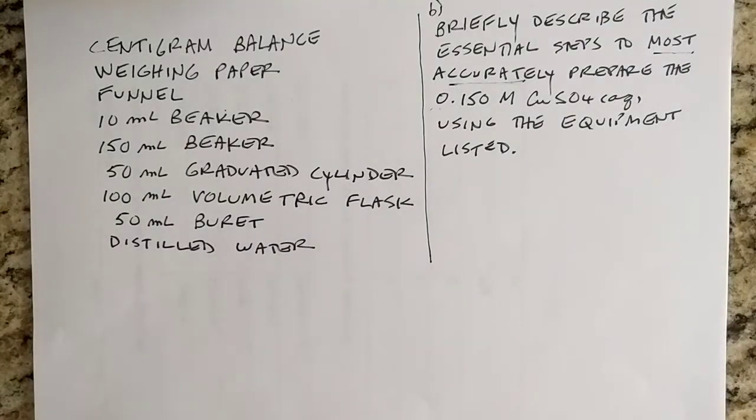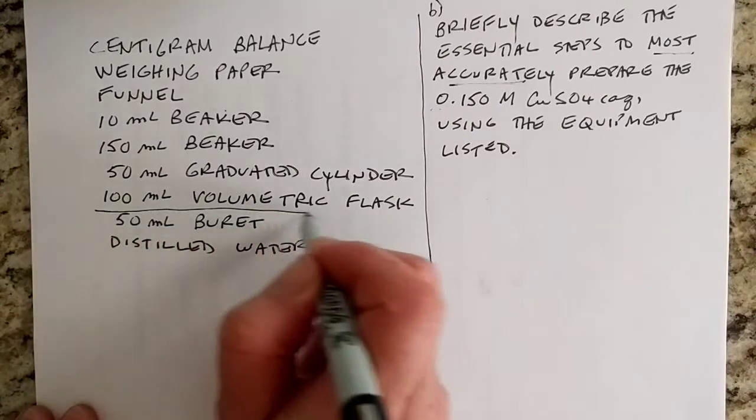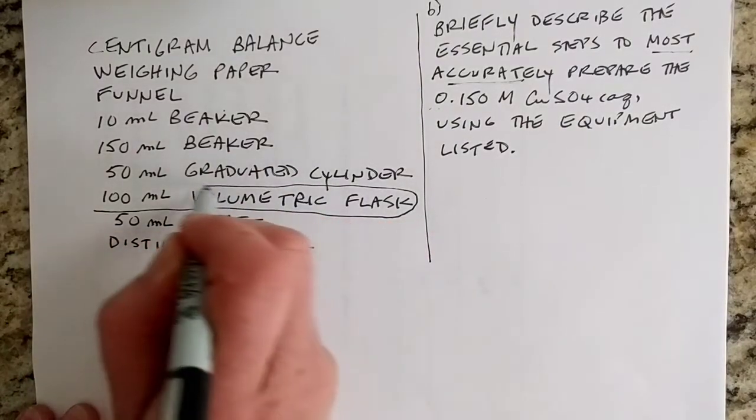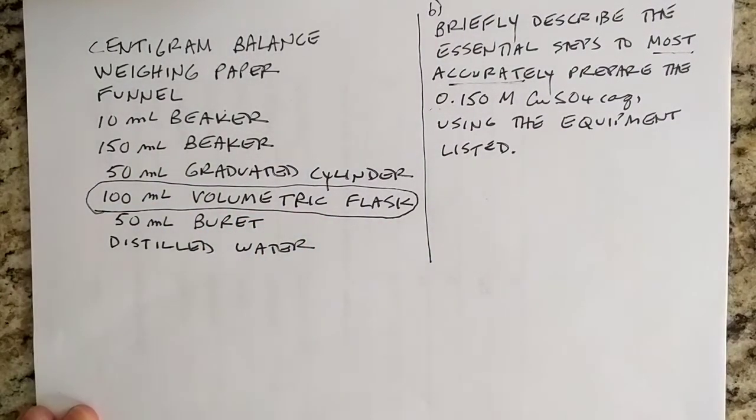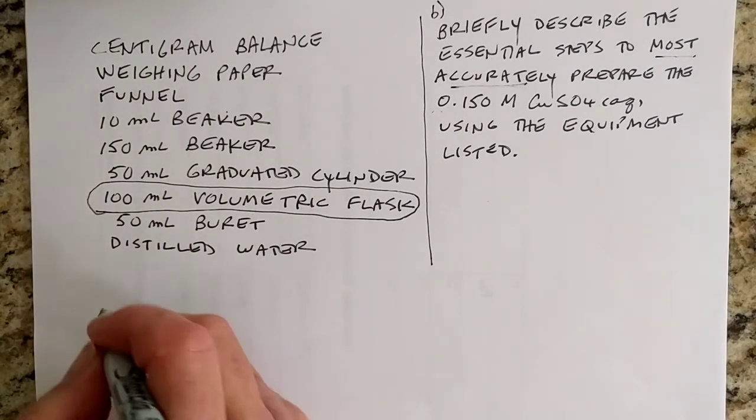We know we need 37.5 milliliters of the more concentrated solution, and we want to end up with a volume of 100 milliliters. So if we look at our list, we certainly need the 100 milliliter volumetric flask to make our solution in. A volumetric flask, remember, has a single calibration mark.